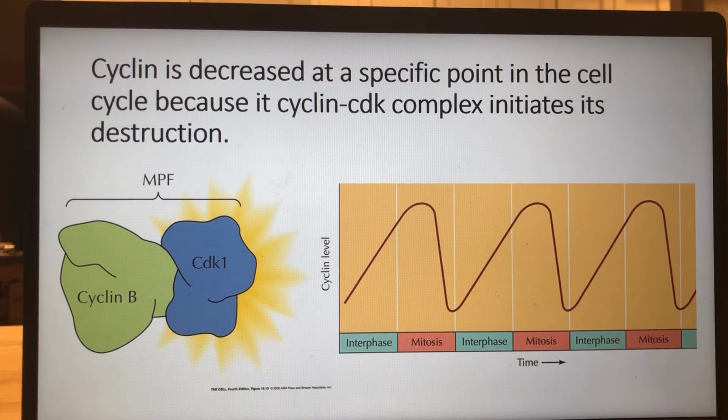Cyclin is decreased at a specific point because, I've said this, but we're going to say it again, the CDK will initiate its own destruction. It basically rips apart its own cyclin. This is its own slide. It's in bold. Don't you think that's going to be a test question?